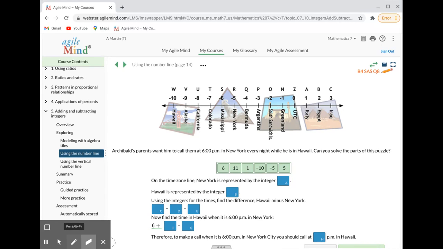Can you solve the parts of this puzzle? On the time zone line, New York is represented by the integer blank. Hawaii is represented by the integer blank. Using the integers for the times, find the difference, Hawaii minus New York. Now find the time in Hawaii when it is 6 p.m. in New York. 6 plus blank. Therefore, to make a call when it is 6 p.m. in New York City, you should call at blank time in Hawaii.